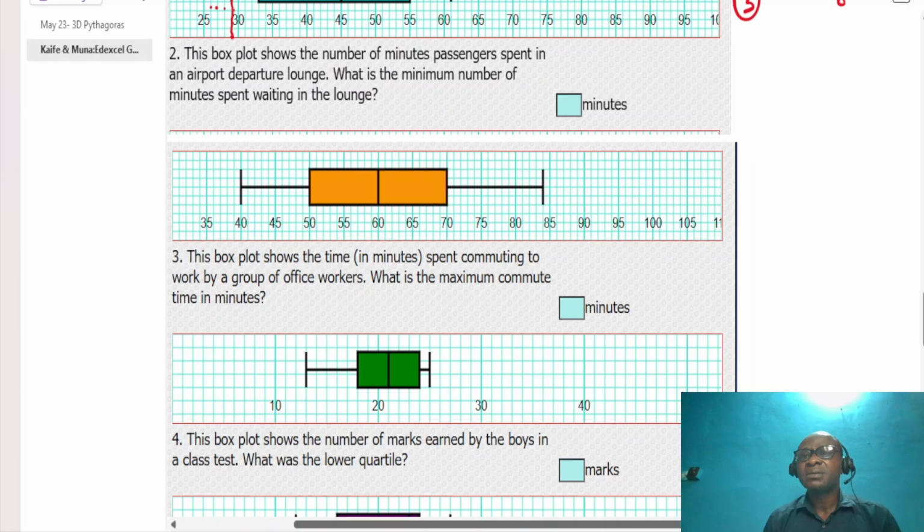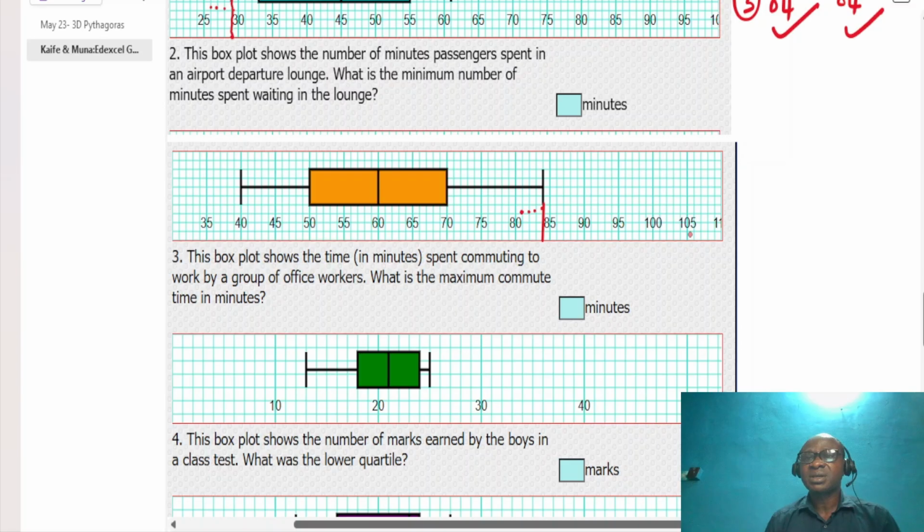Then, Taife, what did you get for number three? 84 also. Okay, let's look at it. It says, what is the maximum commute time? And that is here. You are correct, because 80, 81, 82, 83, 84. So both of you are correct.